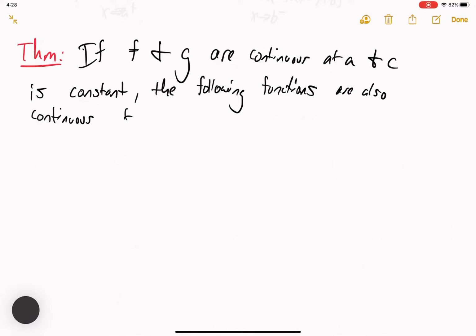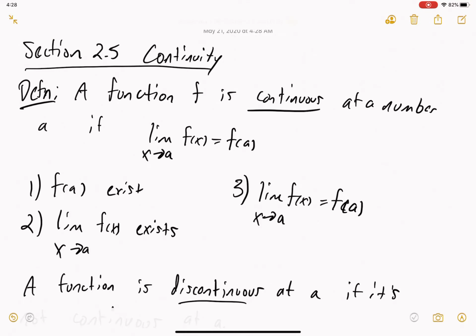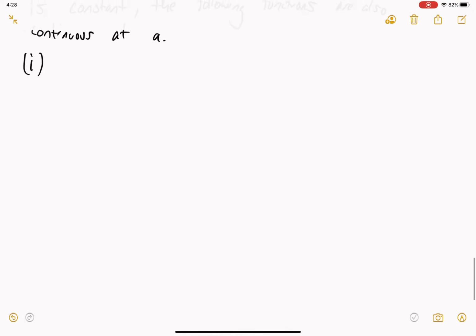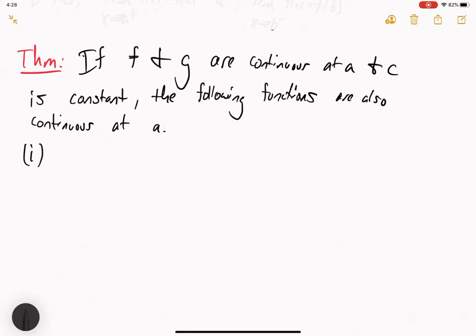And what I mean by continuous, I also mean at the same point A. All right, so the functions are going to be continuous. There's going to be f plus g. We have f minus g.